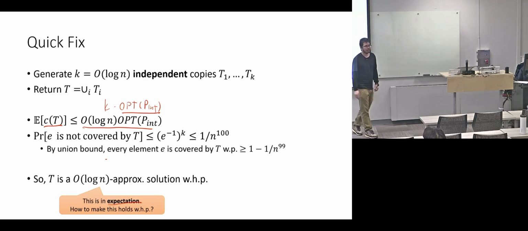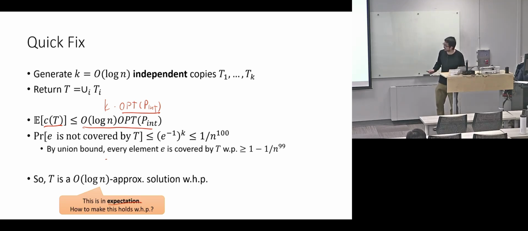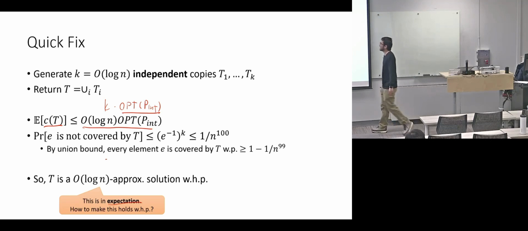Okay. Good. So this basic trick is something that you should internalize: how to convert expectation to high probability, and how to fix this thing to cover every element.